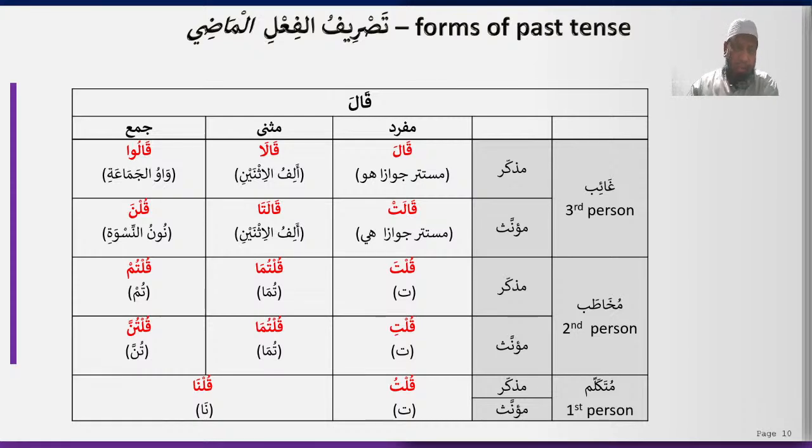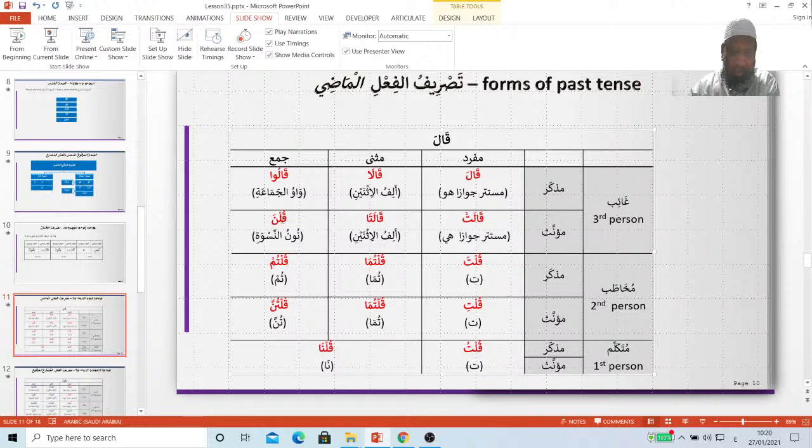Now over here, just want to show you one thing. If the original letter, this alif, was changed from ya, then the first letter after ijtima sakinain drops, and the first letter of al-madi will get a kasra.